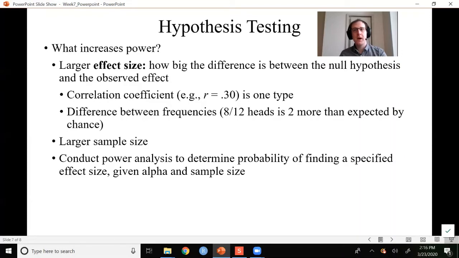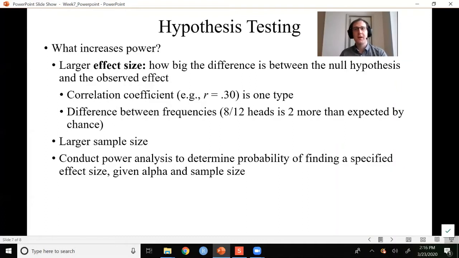Maybe we run that analysis and the power is only 0.6, or a 60% chance of finding support for the alternative hypothesis rather than the null hypothesis. That's below that 80% cutoff. And to me, 60% doesn't sound very good. It's barely better than a 50-50 chance of the results working out as expected, assuming that you're actually correct.